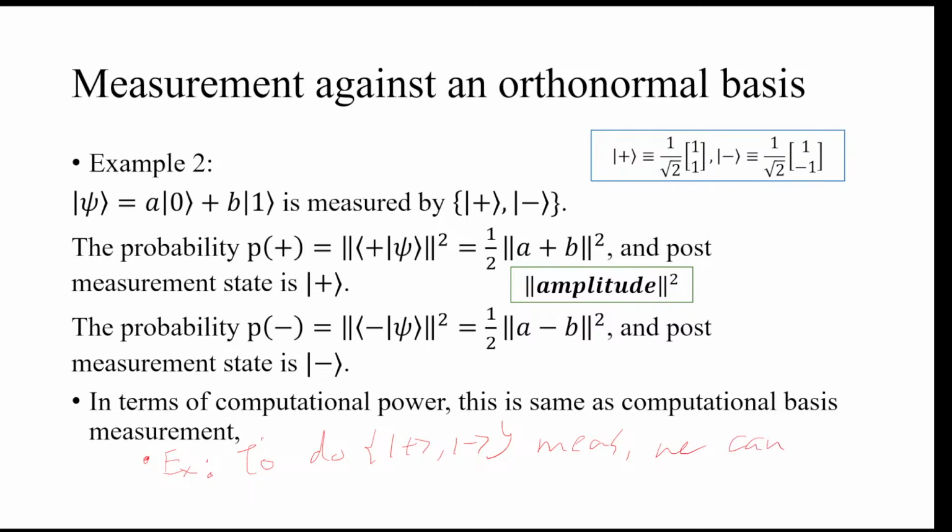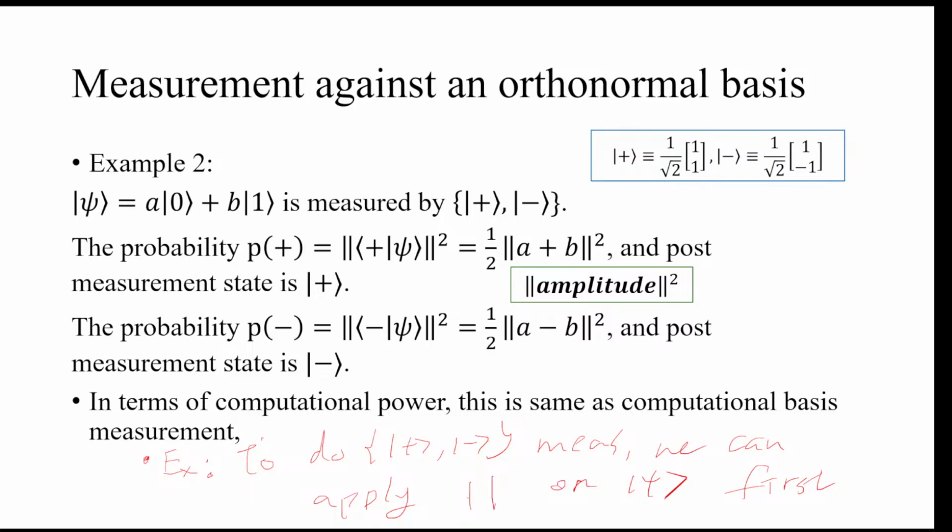If we apply some unitary on our state, then we do computational basis measurement. So what's the unitary connecting the plus minus basis and the 0, 1 basis? Okay, and the unitary is the Hadamard unitary.